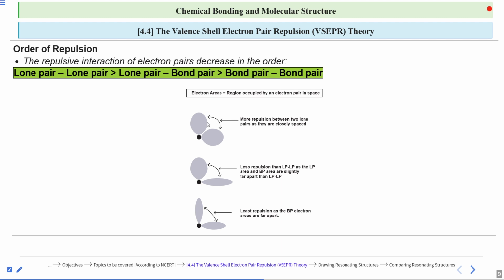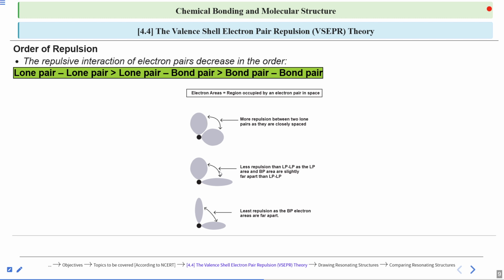So since their area is broader due to the high charge density of the lone pair, they will show the maximum repulsion if they are close to each other. So in this case, both of these lobes will try to move away from each other.